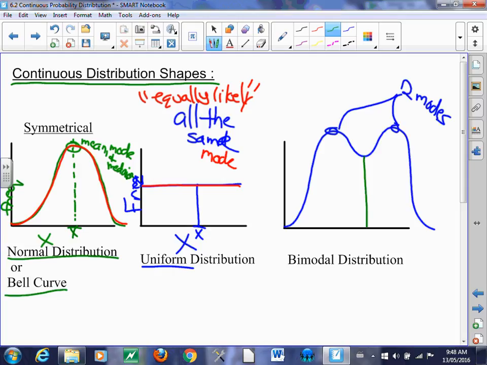And don't forget that we've got our random variable on the x, and we've got our frequency on the y. And when we take a look at this diagram, just remember that the median and the mode are going to be in the middle.